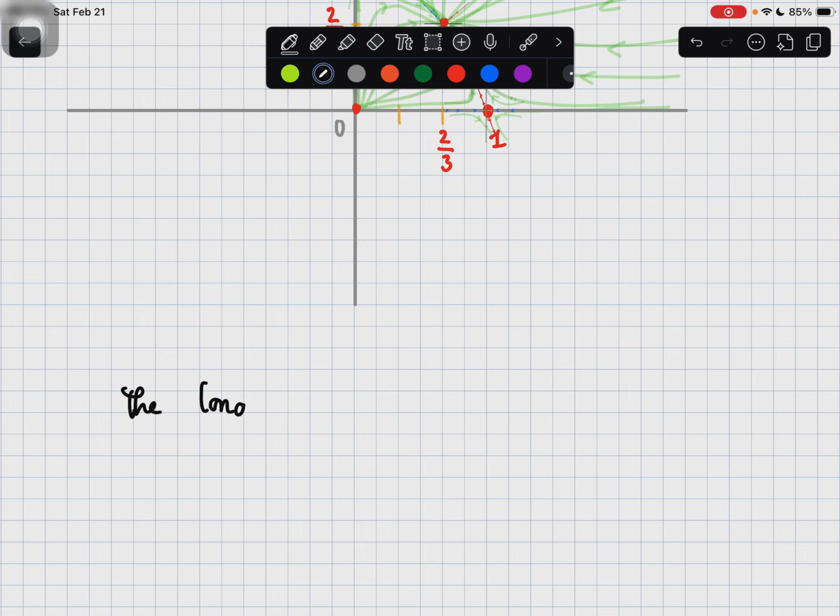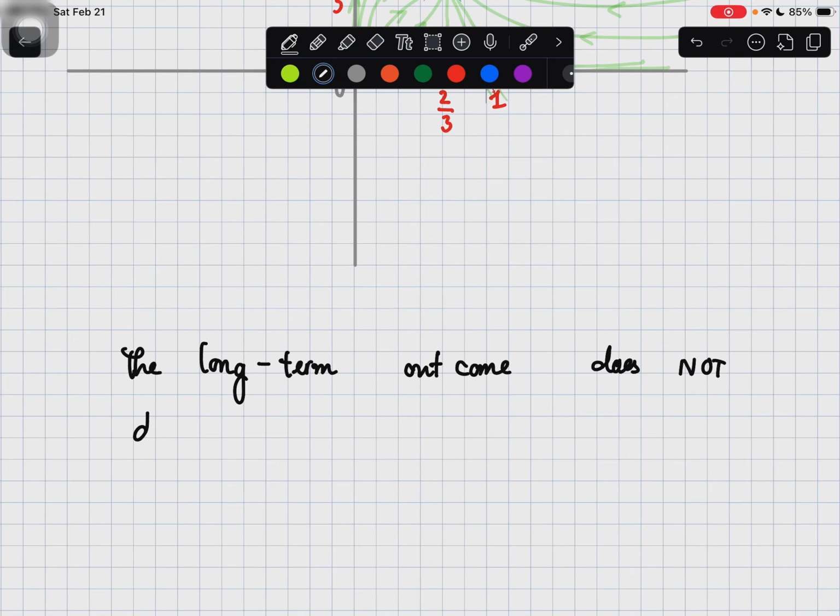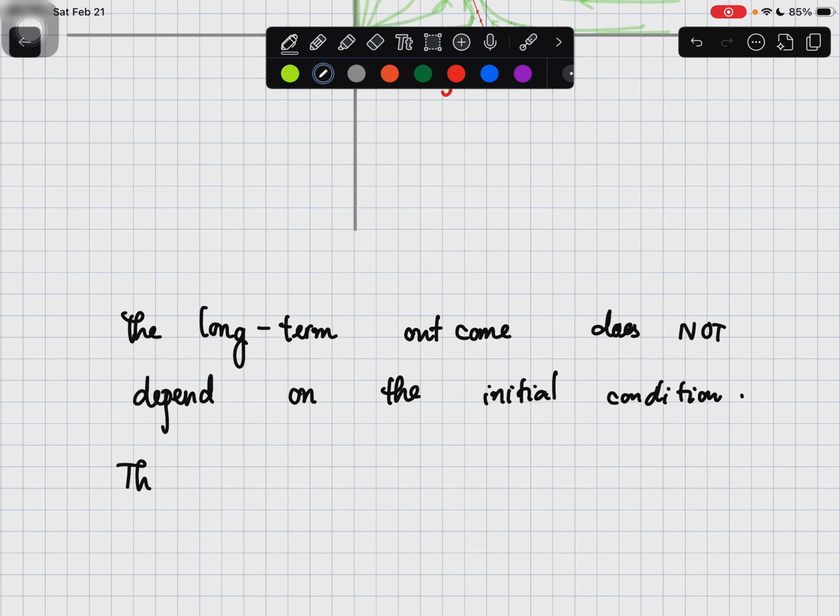The long-term outcome does not depend on the initial condition. They will coexist.